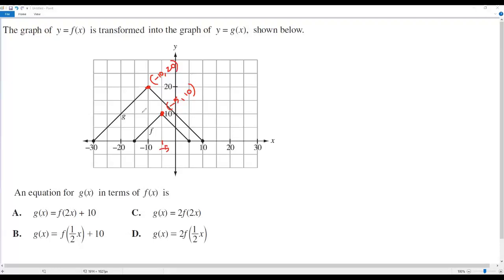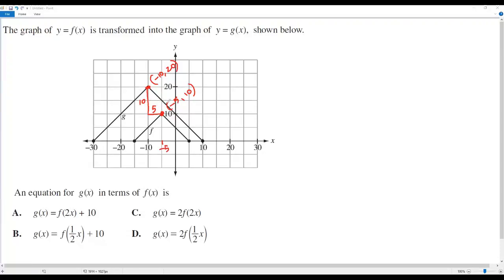If I apply a horizontal translation at the vertex of f, I have to move 5 units to the left. And now I'm going to apply a vertical translation on f to reach the vertex of g. So I have to do a vertical translation of 10 units up. So I have done 5 units of horizontal translation to the left and 10 units of vertical translation up.